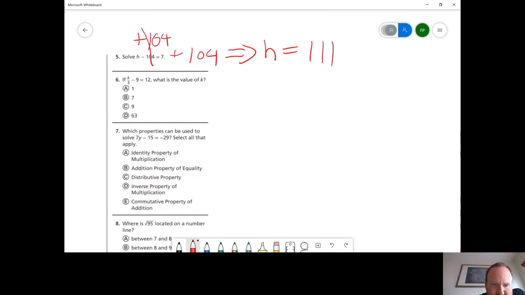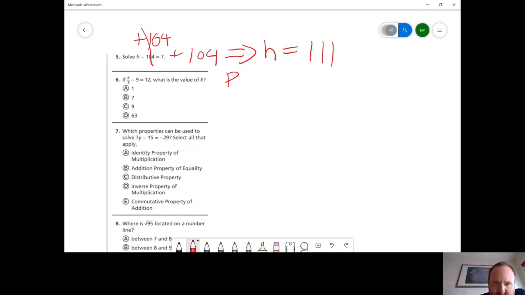Okay, next problem is k over 3 minus 9 equals 12. It would be tempting to get rid of the 3 first, but remember, I always think of "Please Excuse My Dear Aunt Sally," but that's just a mnemonic device.